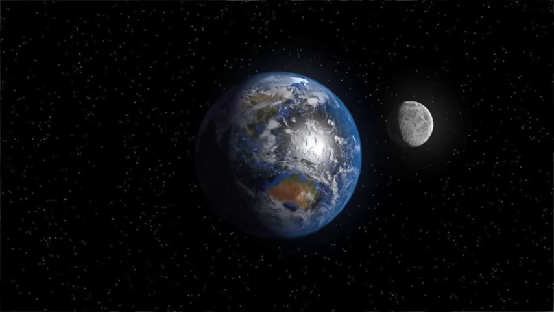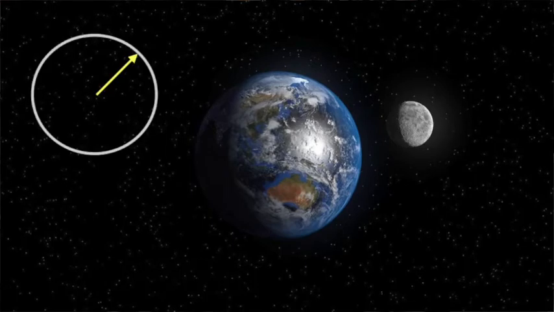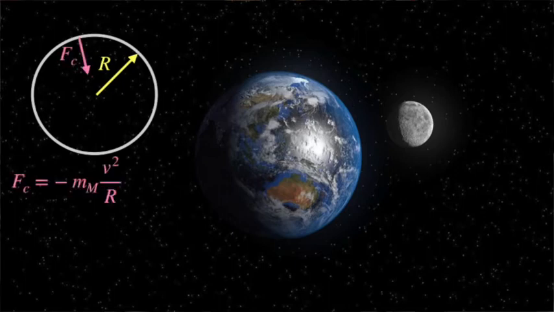We know that the Moon moves in an orbit that is very similar to a circle. Because of this motion, the Moon experiences a centripetal force. The centripetal force is the mass of the Moon times its velocity squared divided by the radius of its trajectory.